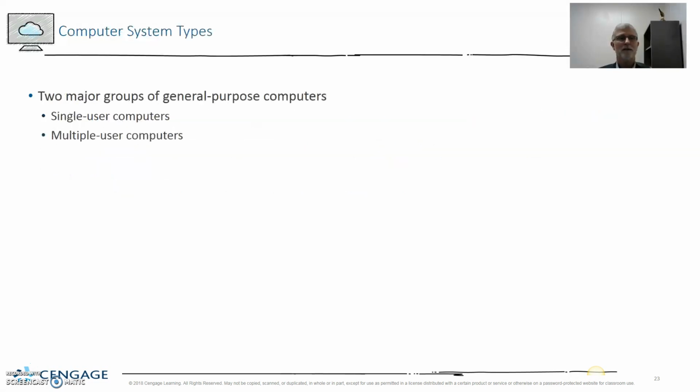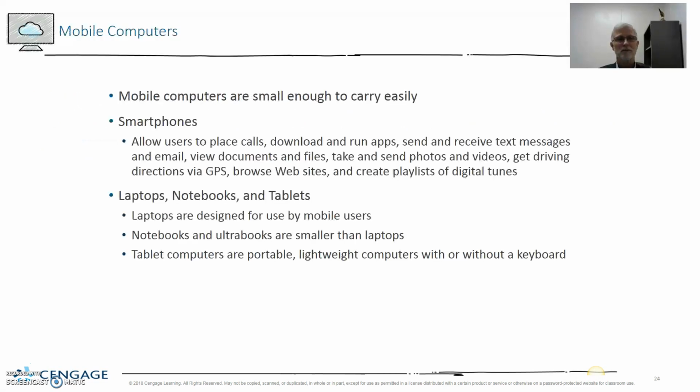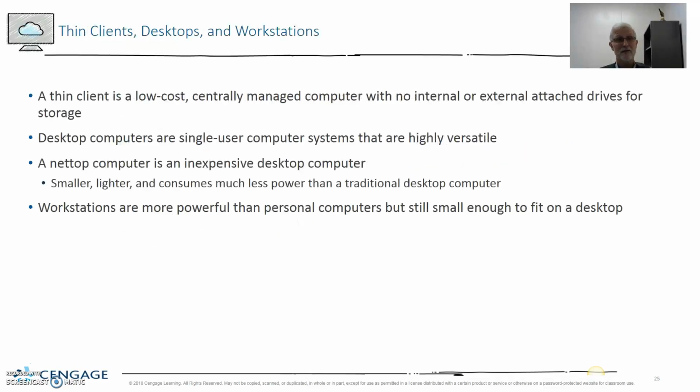Cool stuff. Different types of general purpose computers: single user, multi-user computers, mobile phones, smartphones, laptops, notebooks, tablets. All of these are what? Portability is the big issue. Now, some of the school's rooms have what we call thin clients, and basically all it is is a box that has all the I/O outputs in it, no memory, no disk space, and it forces everything to go back to a central repository, a cloud confinement.